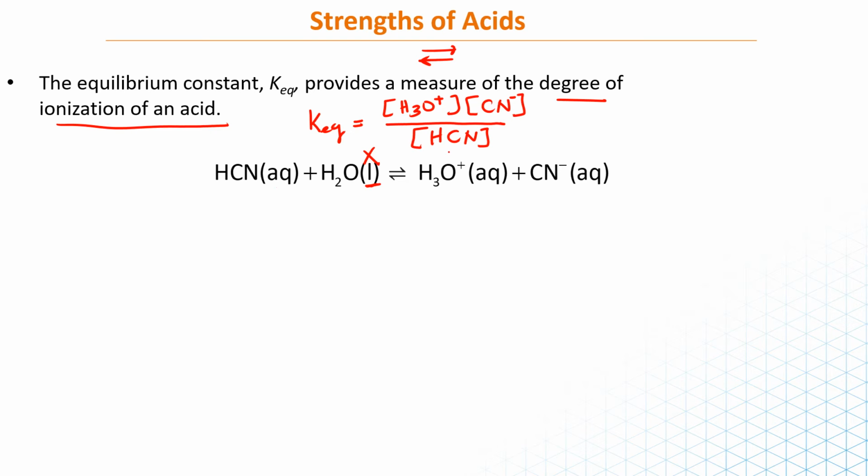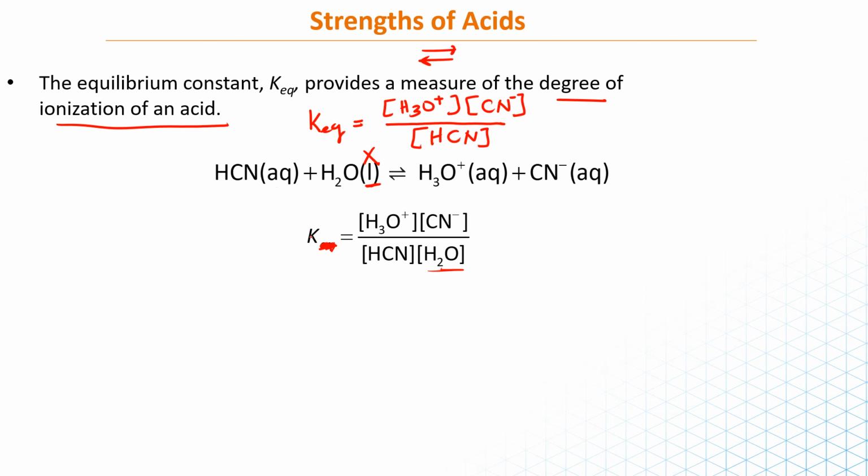We only put aqueous or gases. صح؟ السوليدز والliquid ما نحطهم، نحط فقط الgas and the aqueous. Now in your book or some of the books they write K equilibrium equals this over water here. So they shouldn't write K equilibrium here, guys, okay?